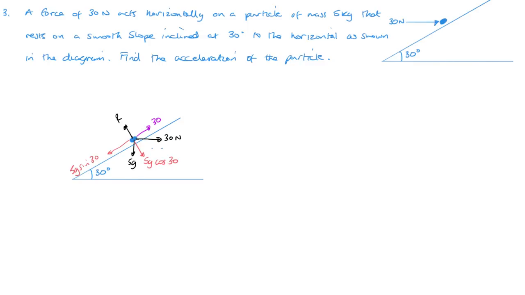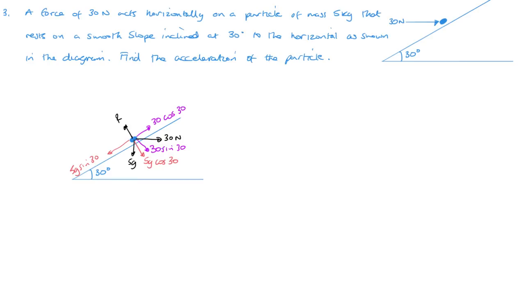And this is 30. Now, this angle here is the 30 degrees, isn't it? Because it's the horizontal and the slope. So this is 30 cos 30. And then this direction, it'll be 30 sine 30.